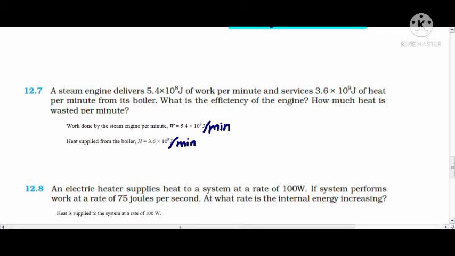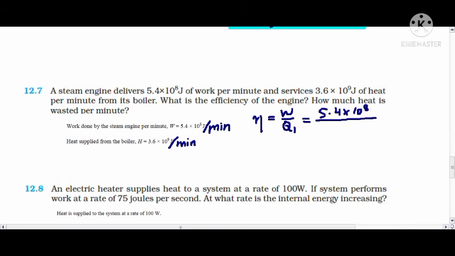The efficiency of the engine, we can have the formula for efficiency. Efficiency is equal to useful work obtained upon heat absorbed. So we have the useful work obtained, already it is there, 5.4 into 10 power 8. That is the useful work obtained.